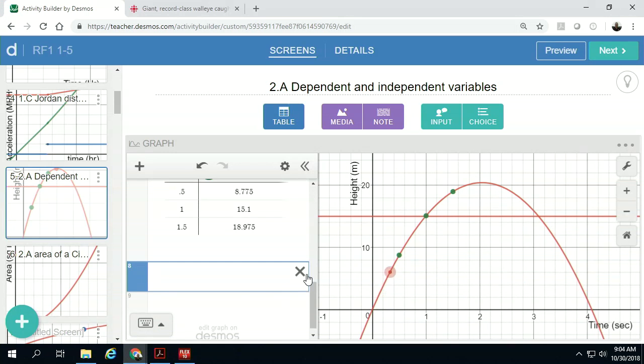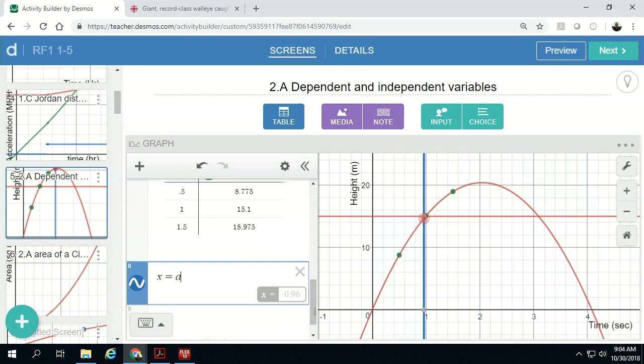So let's say x equals a. So if you notice here, as I go along, I'm graphing vertically, and then it's pretty easy to do. All you do is you substitute into the equation and you get your answers.